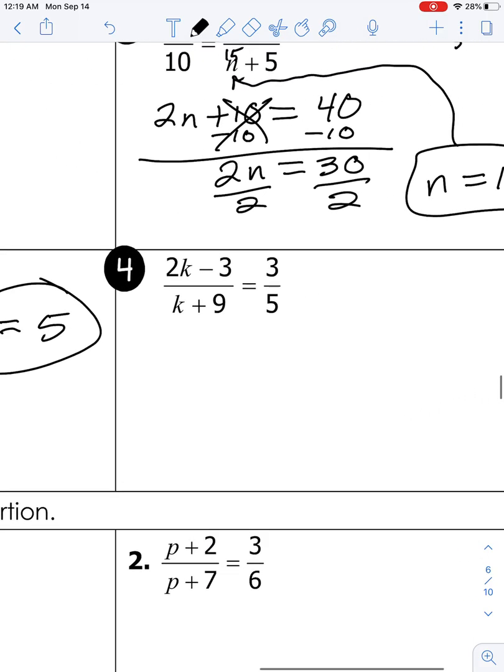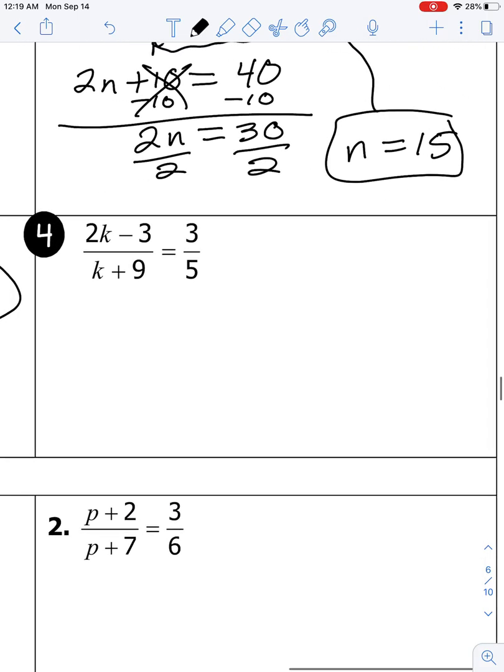All right, number 4. Getting a little bit more difficult as we go. On number 4, I don't think it particularly matters. You're going to multiply the 3 by 2 things and the 5 by 2 things. So I'm just going to start out by multiplying the 5 times the 2 up top.